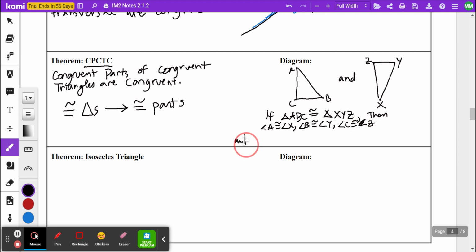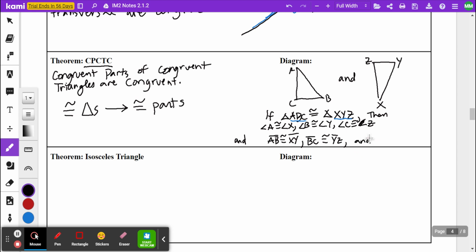And AB is congruent to XY. With my eyes, I'm matching up pairs of letters in sequence. So I just did AB and XY. Next, I'm going to do BC and YZ. BC is congruent to YZ.